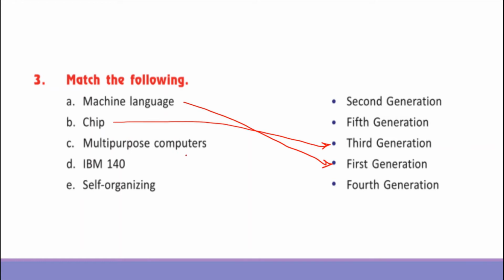Multipurpose computers were from fourth generation. So match it with fourth generation. D. IBM 1401. It was from second generation. So match it with second generation. The last one, self-organizing, and they are from fifth generation.